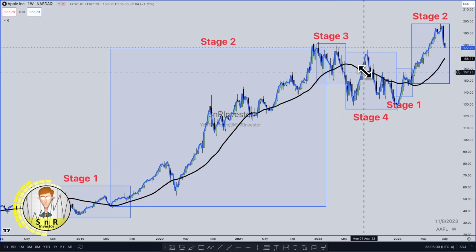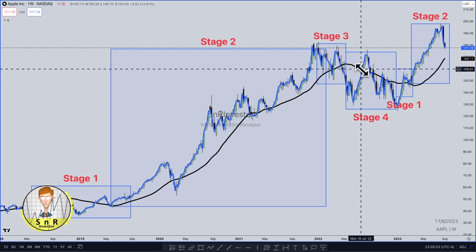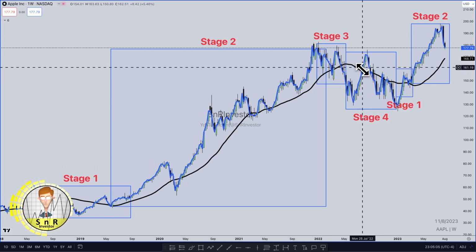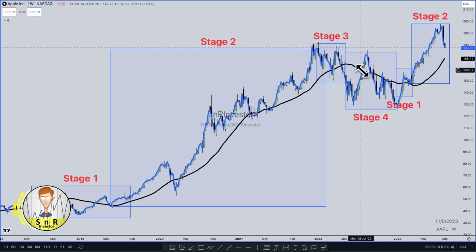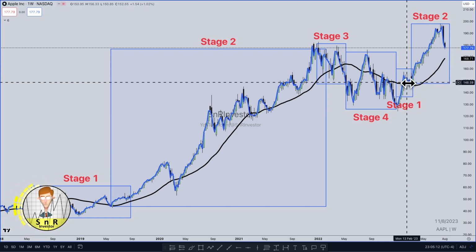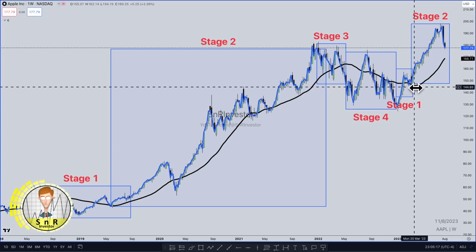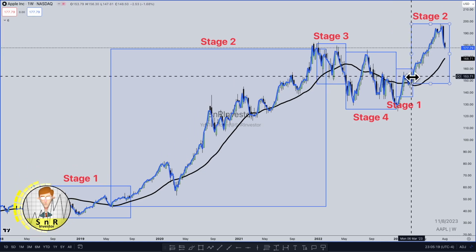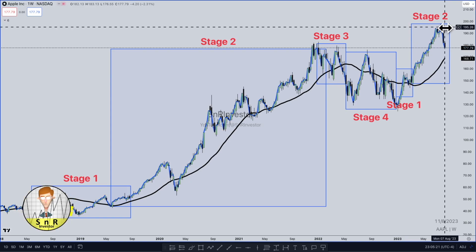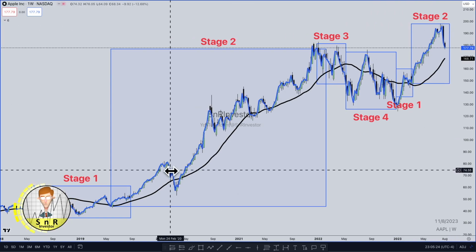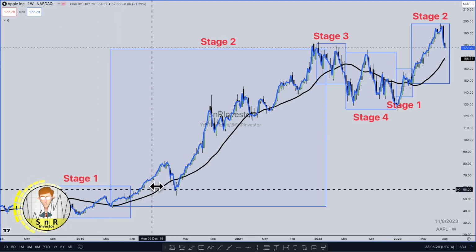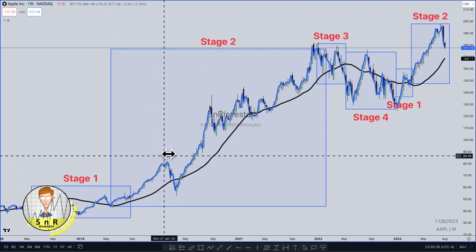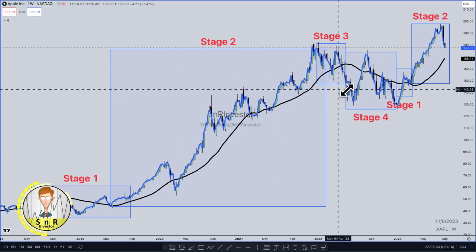Then you could have still gotten out at around here when stage 4 retraces back to the 30-week moving average. And then you could also get back in earlier this year into Apple during its stage 1 consolidation, and as it's going into stage 2 over here. So by using stage analysis, it can potentially help us to capture all these large swings in price action.